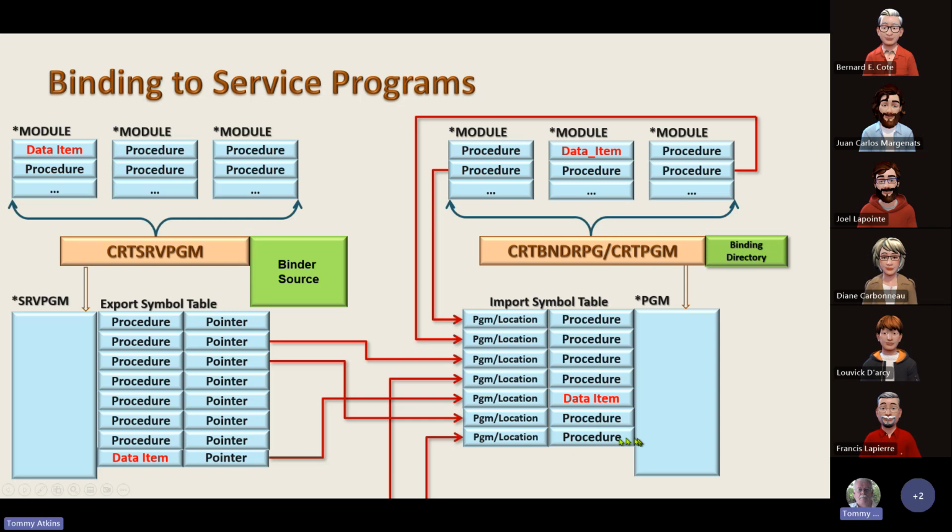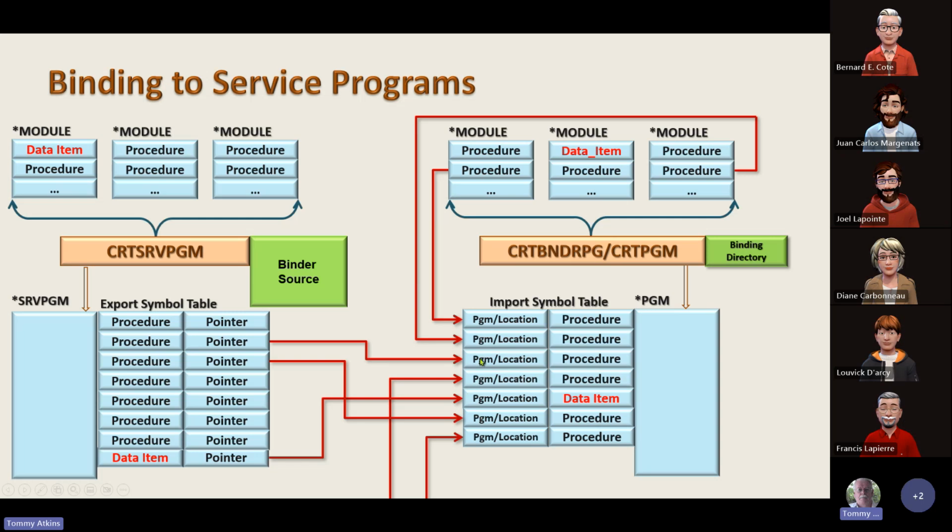And this is the key. This program location is the number. This one here will read 2 because it is the second, it's the program, i.e. that service program, and the location is number 2 in the export symbol table. If you move this around, you're going to get the wrong procedure.